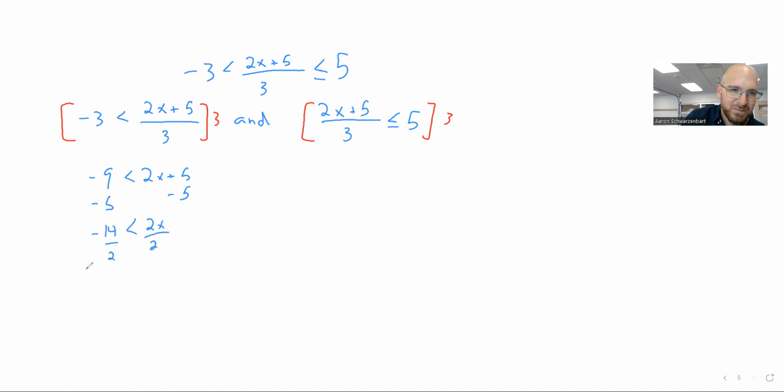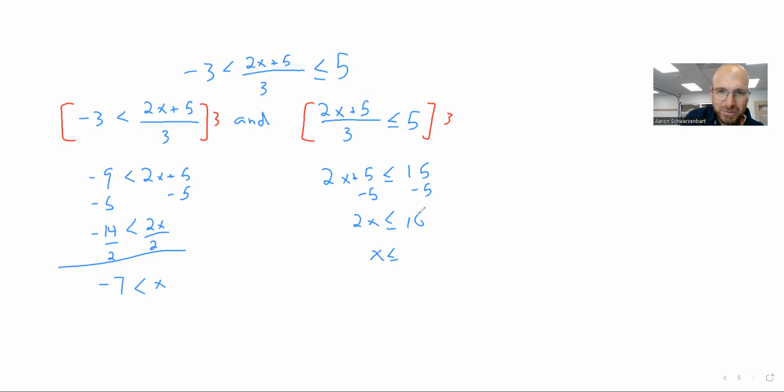I'll divide by 2 and get negative 7 is less than x. Again, I'll multiply both sides on this one by 3, get 2x plus 5 is less than or equal to 15. I will subtract 5, and I will get 2x is less than or equal to 10. X is less than or equal to 5.